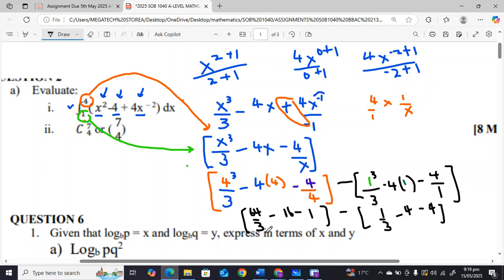64 divided by 3 into decimal, what do we get? Okay, 21.33 minus 16 minus 1 minus 1 over 3, that is 0.33, minus 4 minus 4.